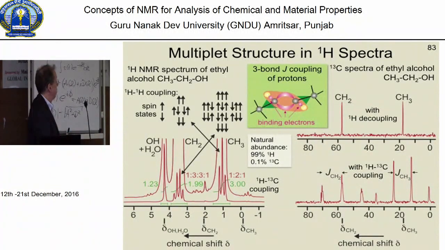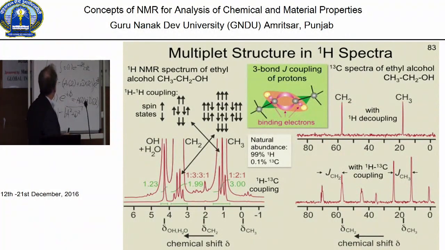And the methylene does the opposite. It sees the 8 orientations possible by the 3 hydrogen atoms of the methyl group, which means the methylene will split into 4 lines with relative intensities 1, 3, 3, 1.